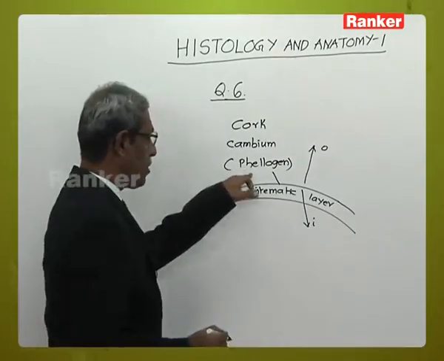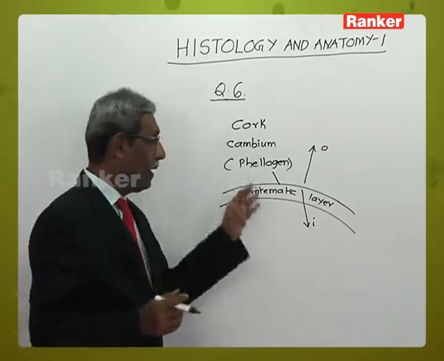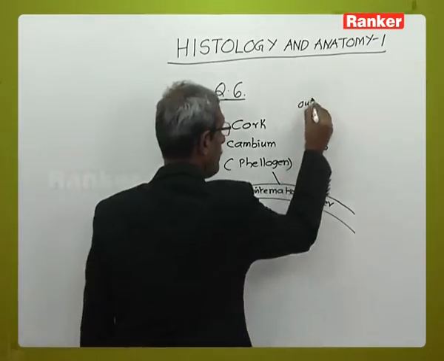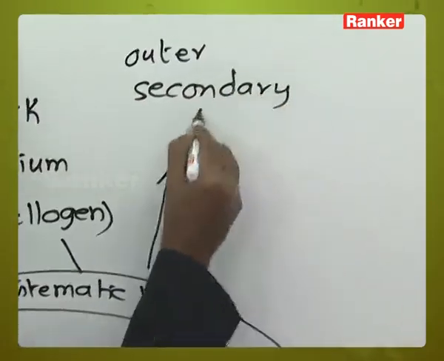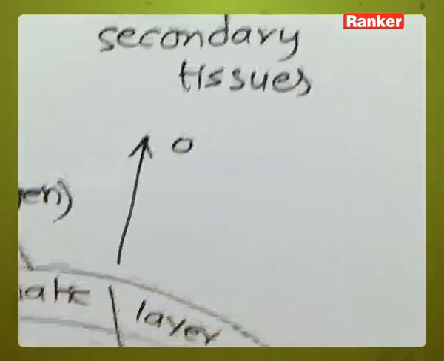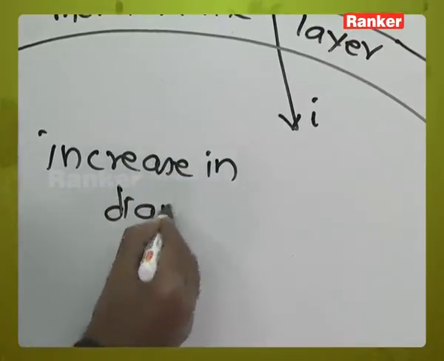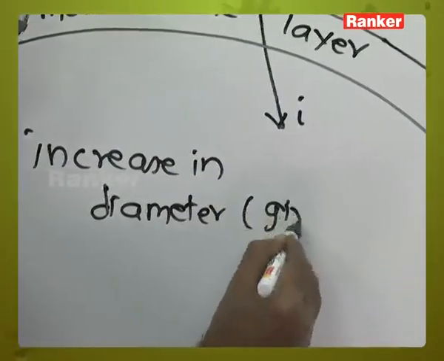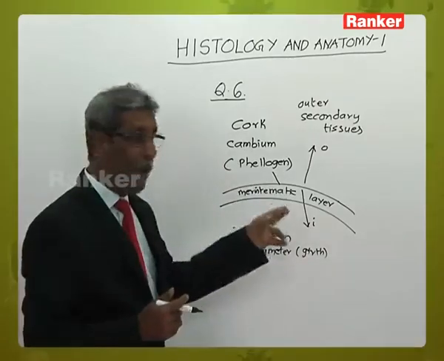So the meristematic layer is called the phellogen or the cork cambium, and this cork cambium, which is formed at a later period, especially in the outer secondary tissues, which primarily causes increase in diameter or girth of the stem or the tree, is an example of secondary meristem.